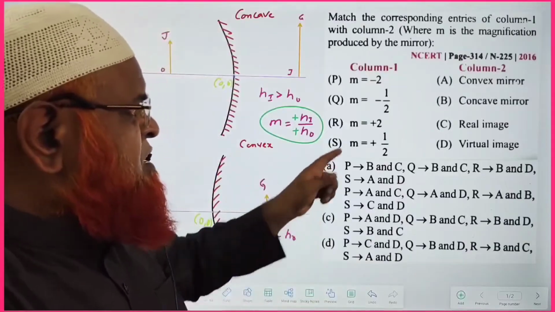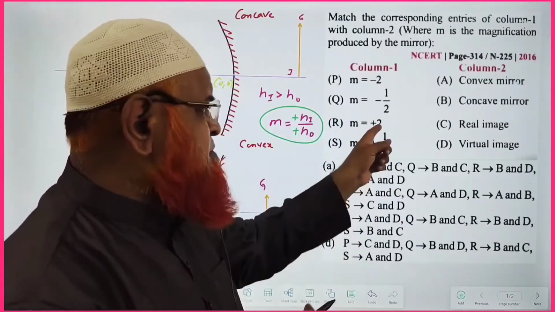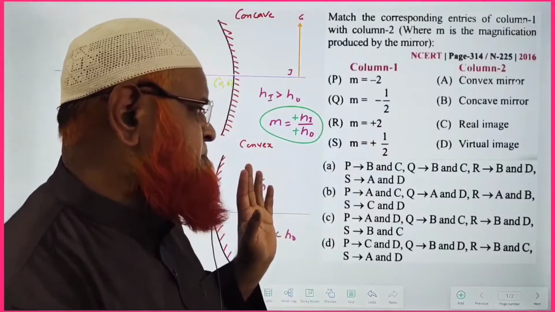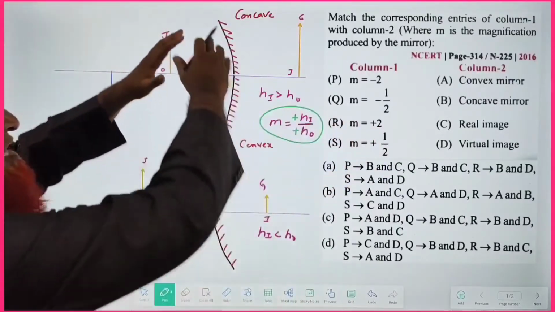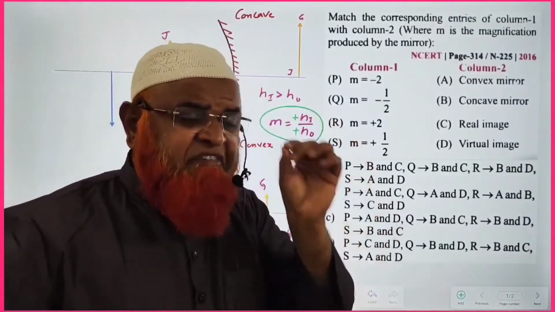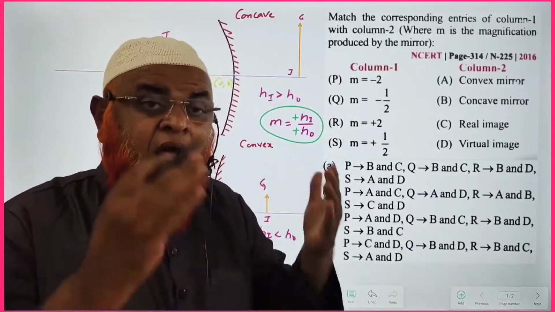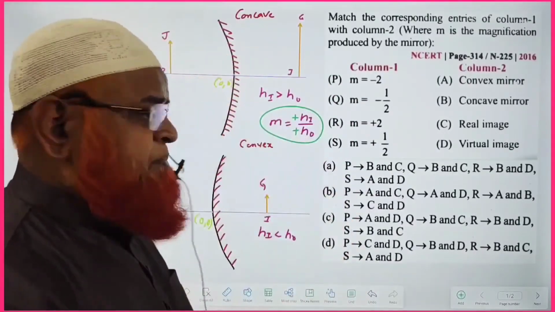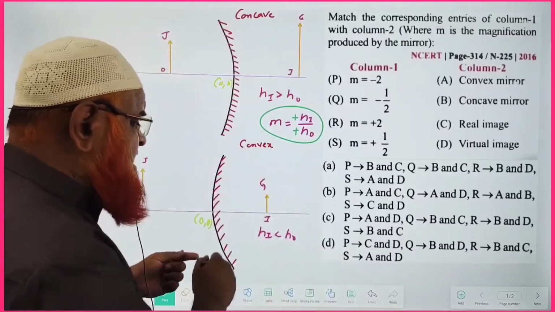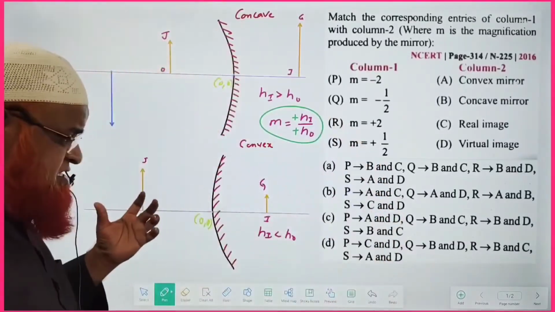Virtual images. So here, how many positive cases are there? M is equal to plus 2, M is equal to plus half. In the case of a concave mirror, you should remember that the image can be larger than the object, whereas in a convex mirror, the image is definitely going to be smaller than the object.